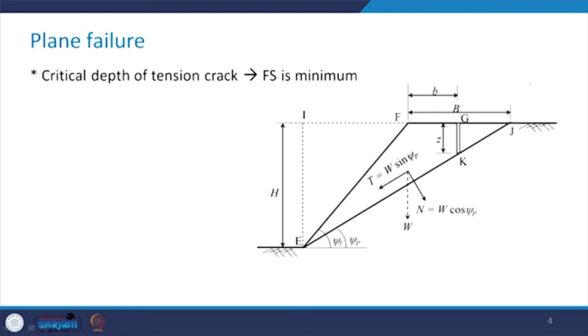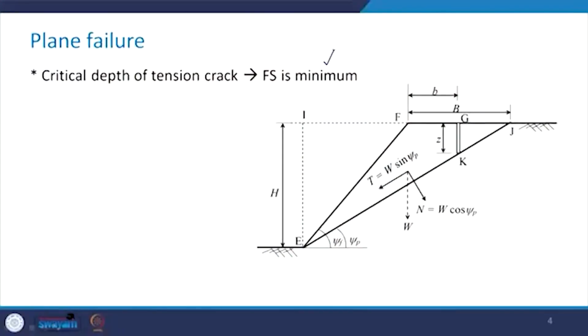The concern is we need to find out the minimum value of the factor of safety, because if that minimum value comes out to be more than 1, then we can say that the slope is stable.